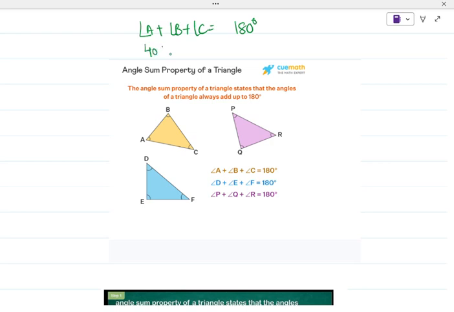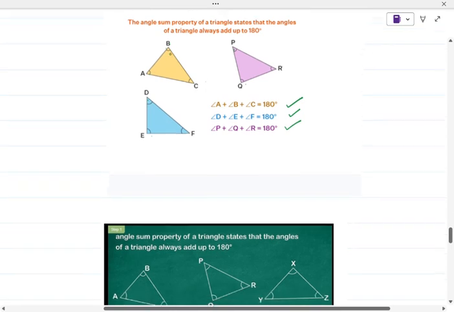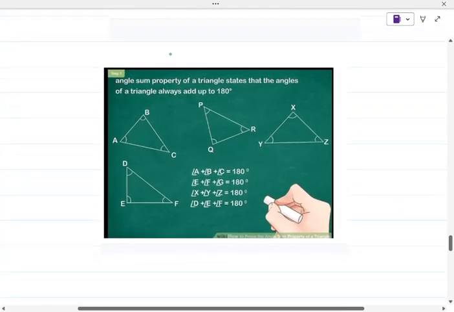Like I am having angle A is 40 degrees, angle B is 50 degrees, and we have to find out angle C. Here A plus B plus C is 180 degrees. If I take PQR, here also P plus Q plus R is 180 degrees. And if we take DEF, same way angle D plus angle E plus F is equal to 180 degrees.